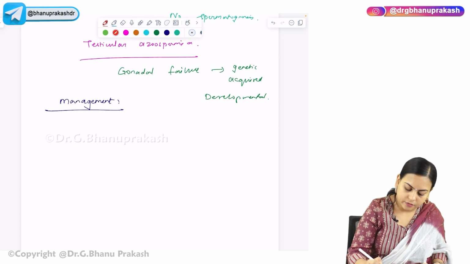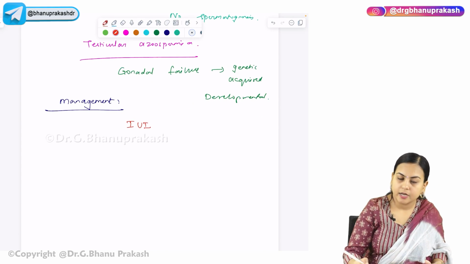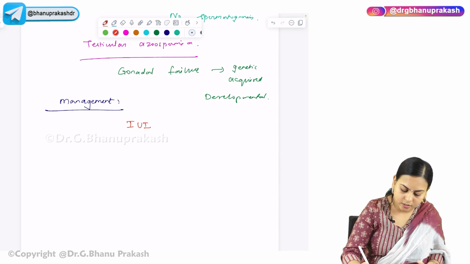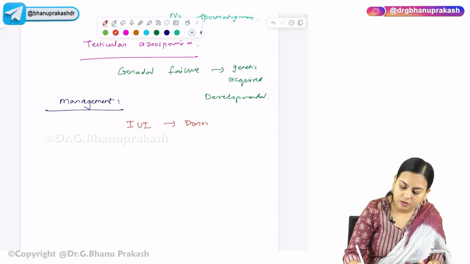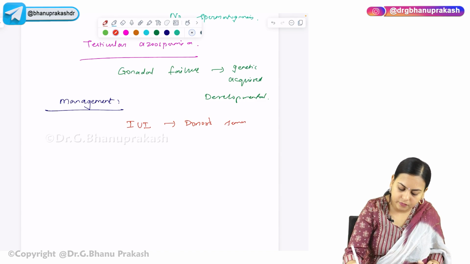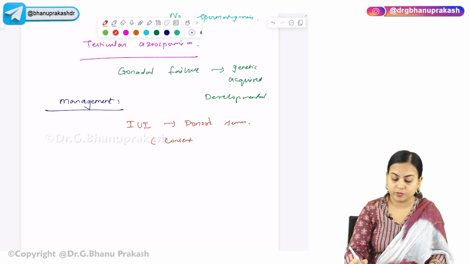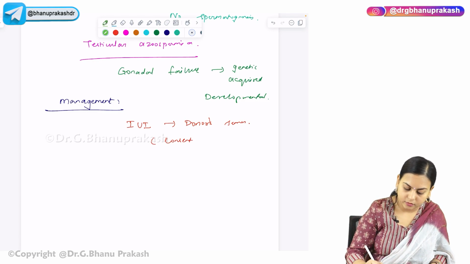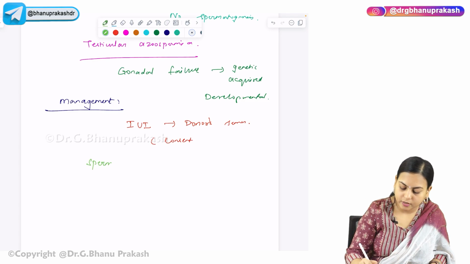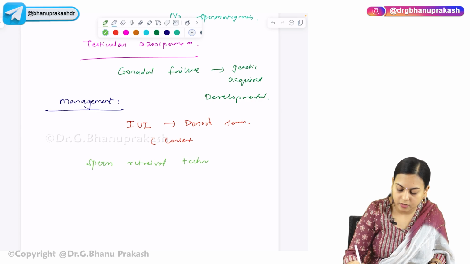Management will involve intrauterine insemination with donor semen. So you have to get consent from the couple prior to doing this procedure, and then you can even go for sperm retrieval techniques. Okay.